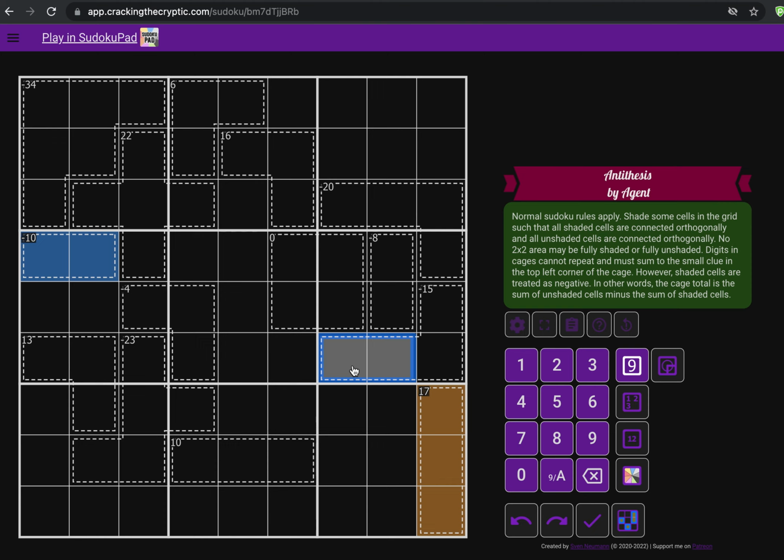But 9 and 8 are the maximum they could be, so -17 is the maximum, so that's a contradiction. So at most there can be 1 hot cell in these 4. So one of these is cold.